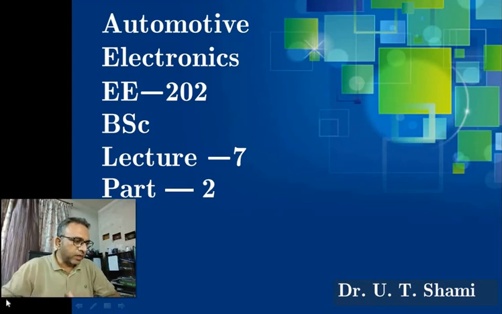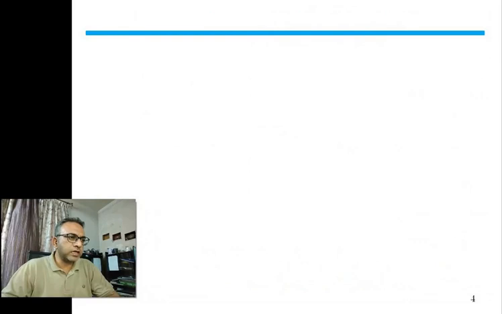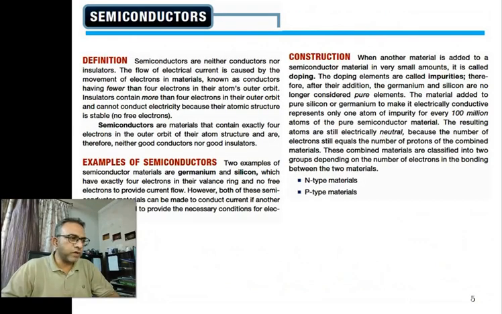Last time, in part 1 of the online lecture of electronic fundamentals, we started to study chapter number 12. The first article was semiconductors: the definition, examples, the construction of a semiconductor, then the p-type material and the n-type material.